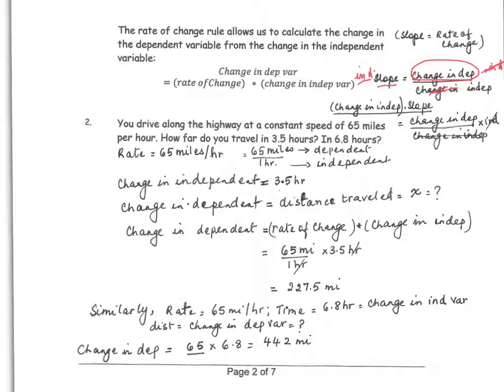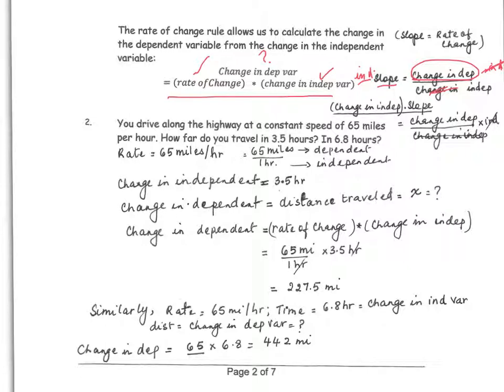So this relationship is nothing new. It's just the same equation, the equation of the rate of change, written in a different way, just by using simple algebra. So suppose we know the rate of change and we know the change in the independent variable, we can figure out the change in the dependent variable.